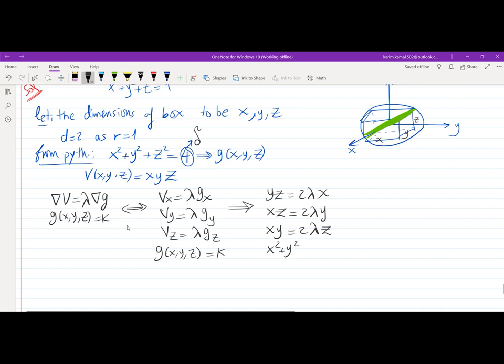This is equation number 1, equation number 2, equation number 3, and equation number 4.